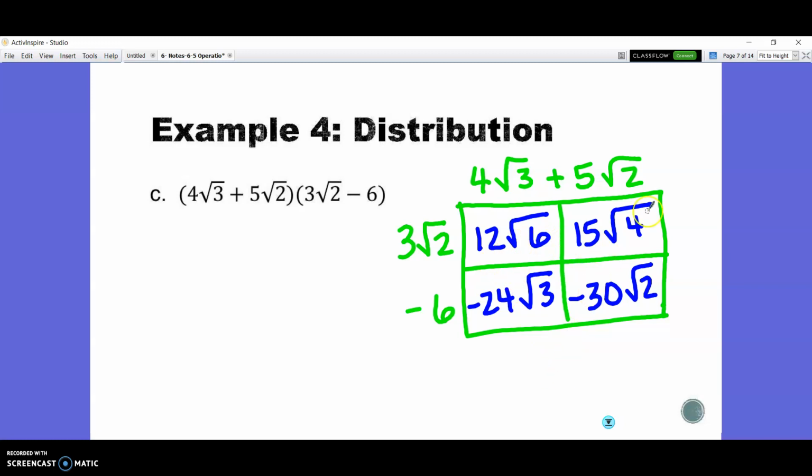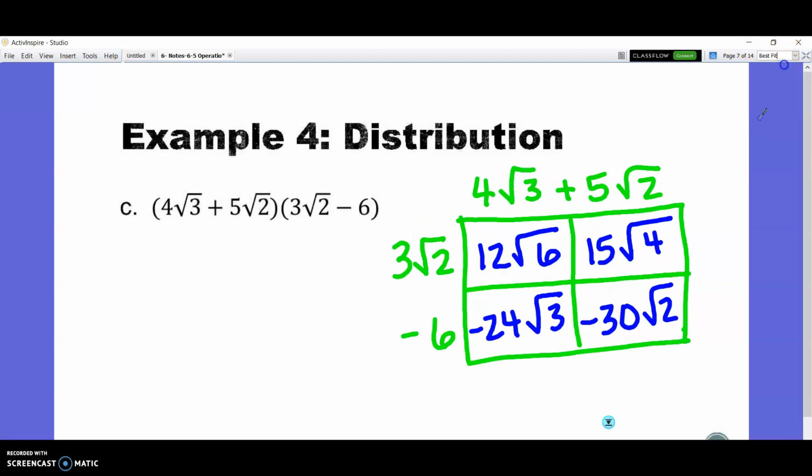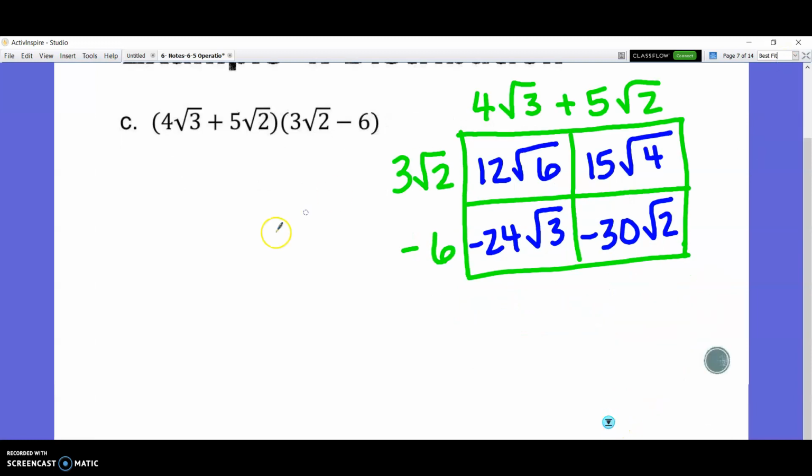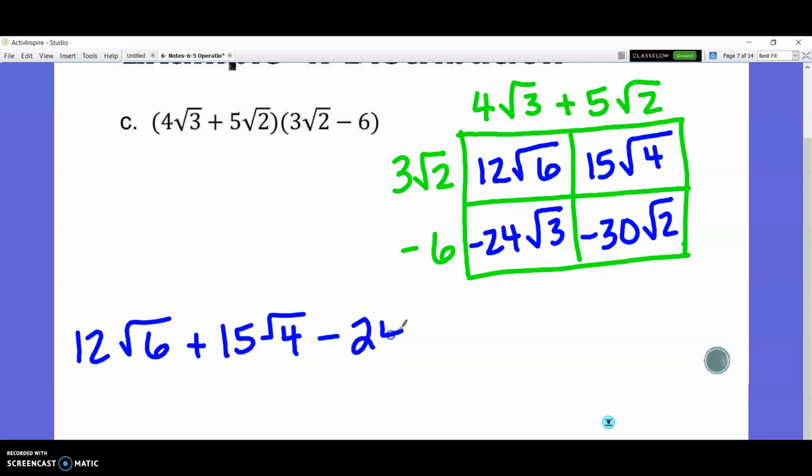Now I need to simplify, so 12 square root of 6 plus 15 square root of 4 minus 24 square roots of 3 minus 30 square roots of 2.